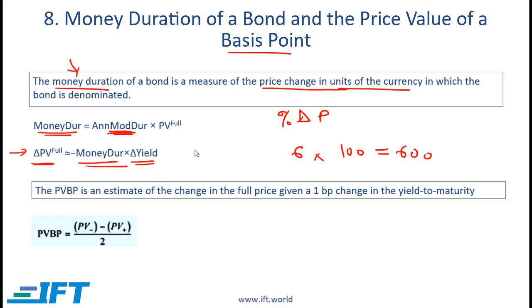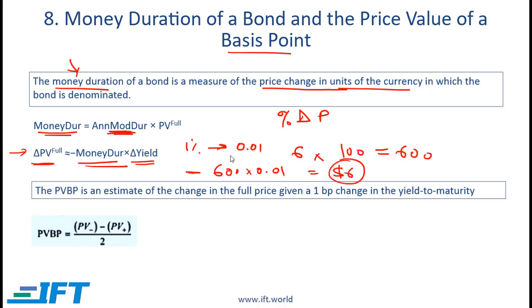If the change in yield is 1%, that will mean we have a change of 0.01 in decimal terms, and applying that over here, the change in value given a 1% change in yield will be equal to minus 600 into 0.01, and this is equal to $6.